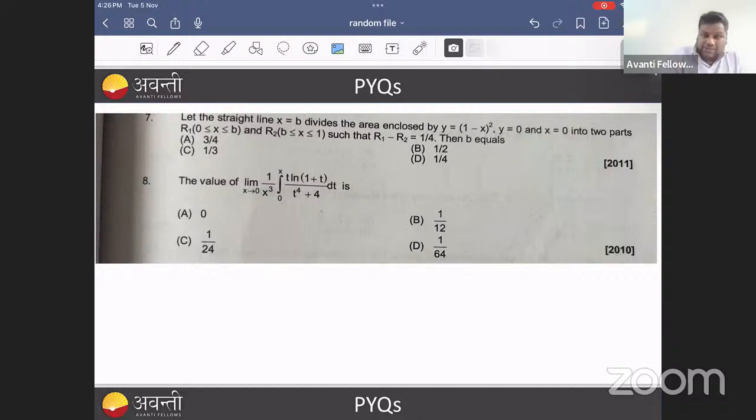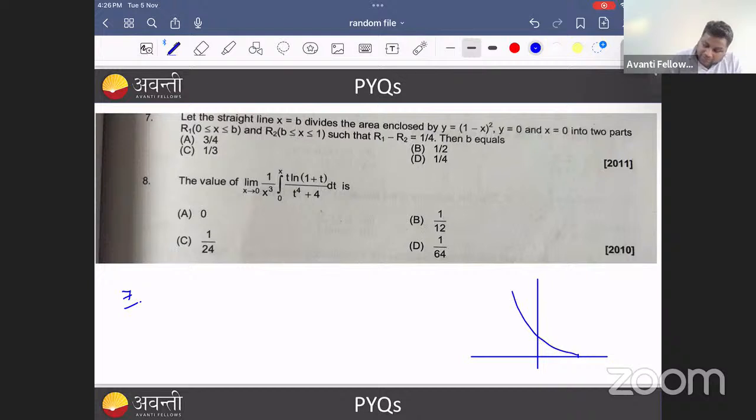See, question number 7. The graph is this: y equals to (1 minus x) whole square.